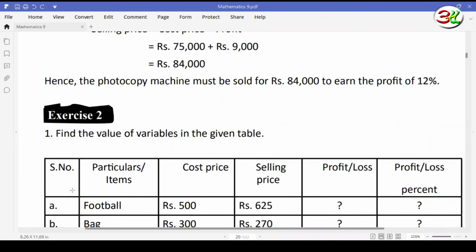According to the question, what is the CP? 500. SP? 625. Okay, now go to the copies.